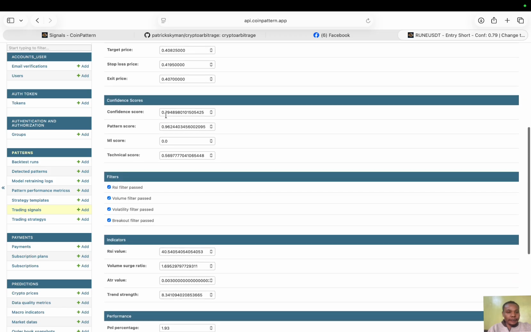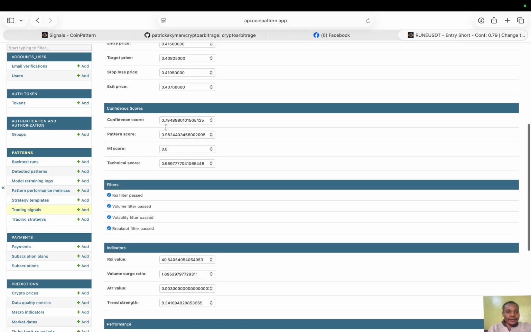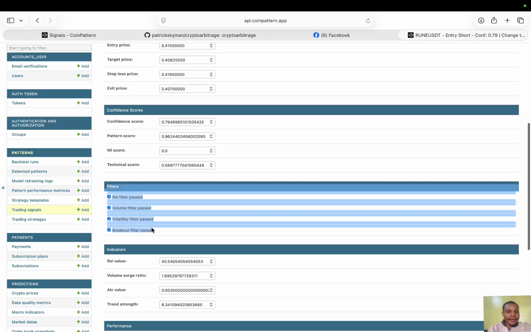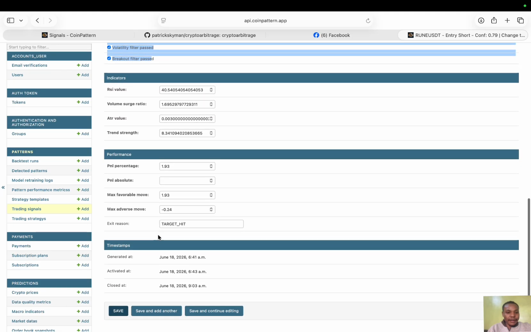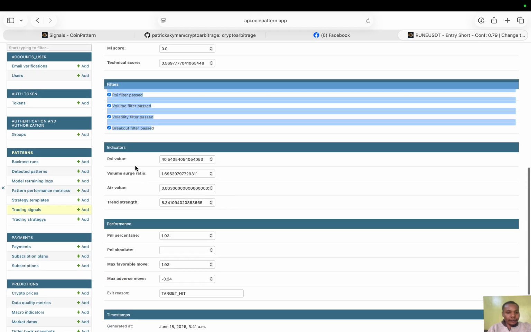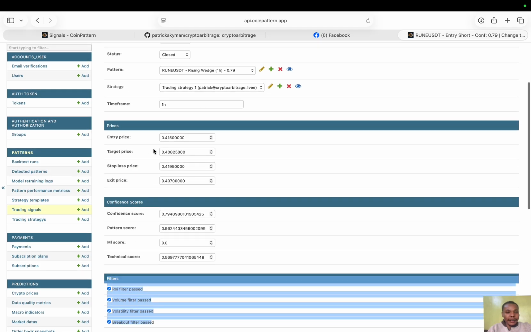For example, this one had a confidence score of these ones and these ones, but the filters themselves are what we are checking mostly, the RSI filter as well, and we can see the entry price and the target price and the stop loss price and the exit price.